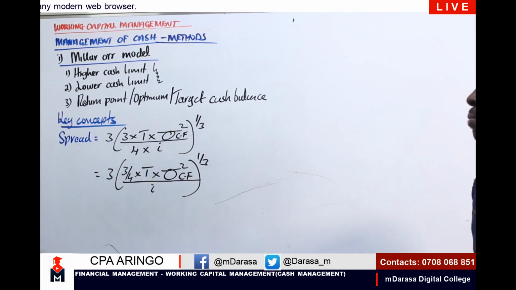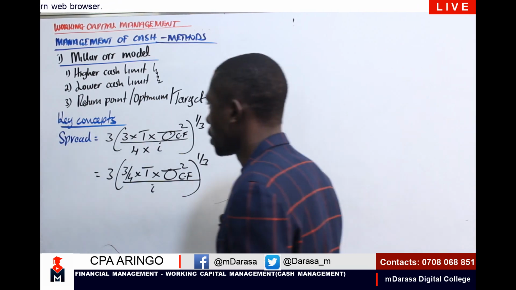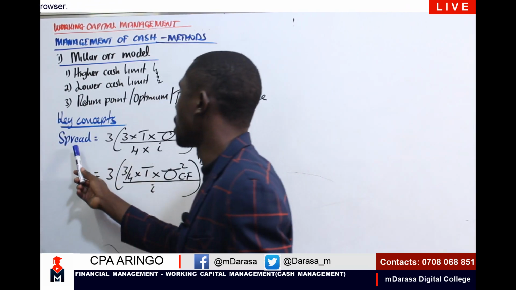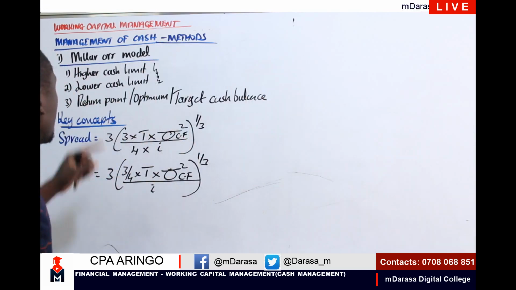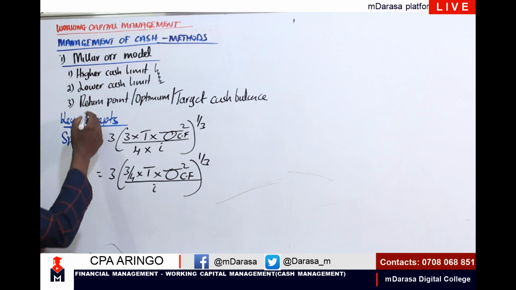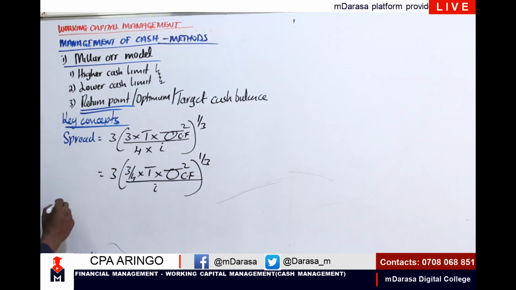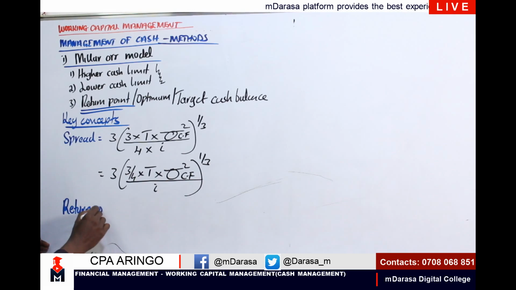Now, because spread is always a very key element, so long as I have the spread, we can determine what we refer to here as the return point. Talk of the return point now. In the event that I'm required to determine our return point, my good students, what must we always have in mind?